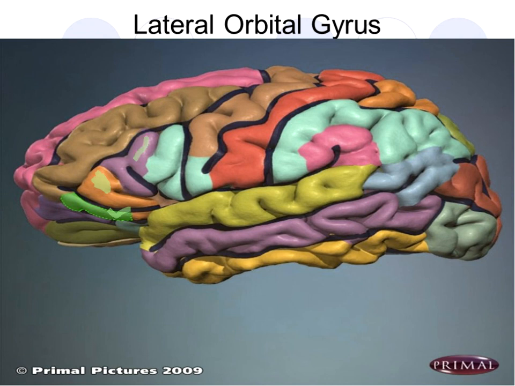The purple area is pars triangularis. And this aqua area is pars opercularis. So pars opercularis, aqua; pars triangularis, purple; the brown area, pars orbitalis, which has to do with the orbit. And this area here constitutes Broca's area.